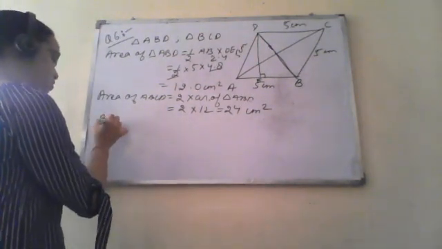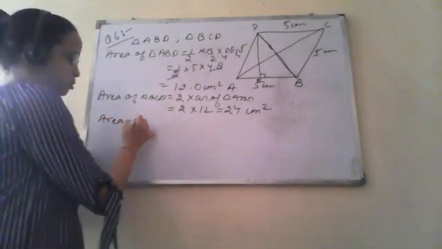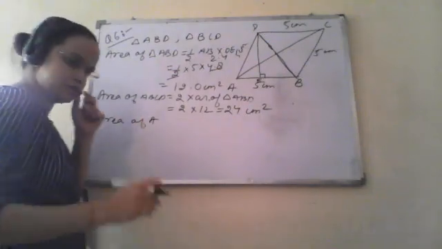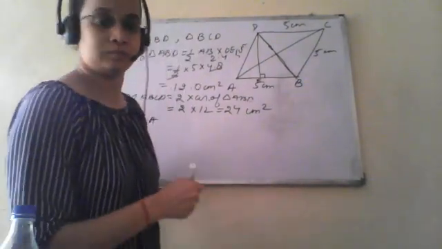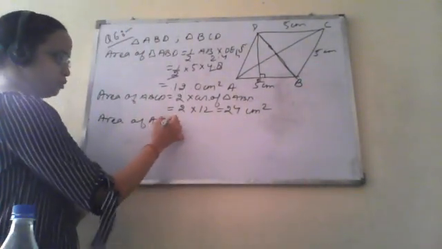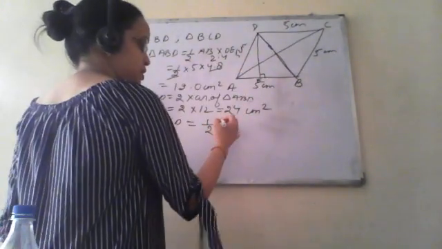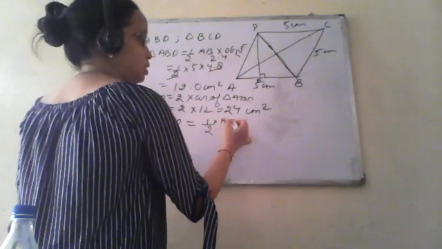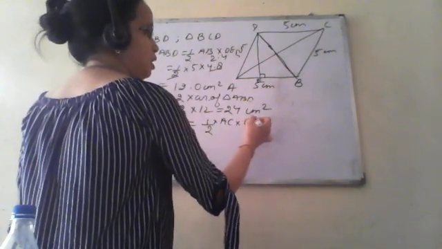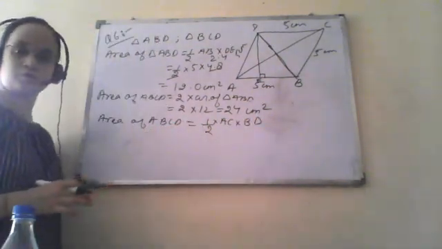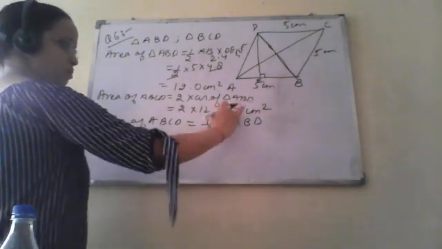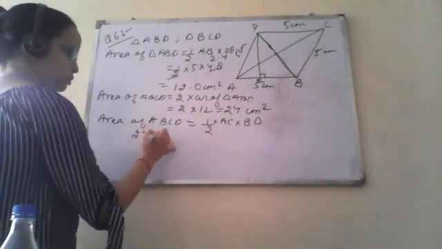What else? There is one more formula for the area of rhombus ABCD: half into the product of diagonals, that is half into AC into BD. This was the formula. So the area of the rhombus, from here we have calculated, is 24 centimeter square.